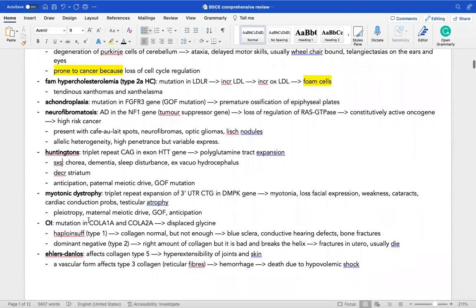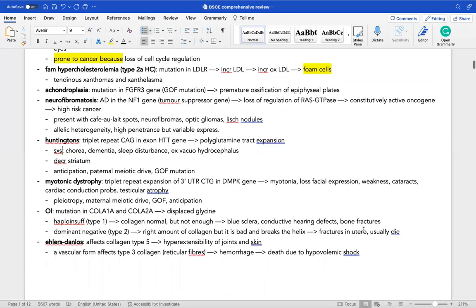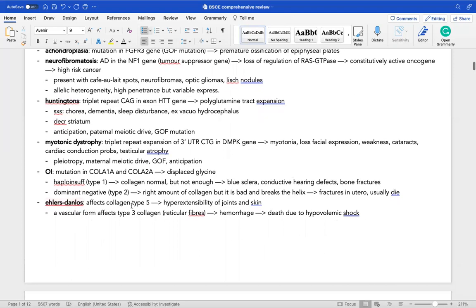In OI, a mutation in COL1A1 and COL1A2, we have displaced glycine, and that causes blue sclera, conductive hearing defects, and bone fractures. In Ehlers-Danlos syndrome, that's a collagen type 5 mutation, which would cause hyperextensibility of joints and the skin.